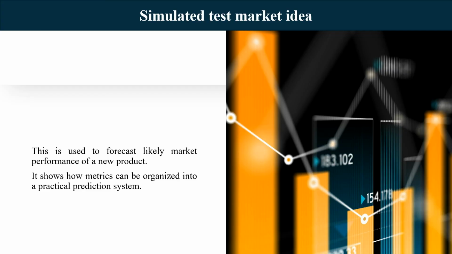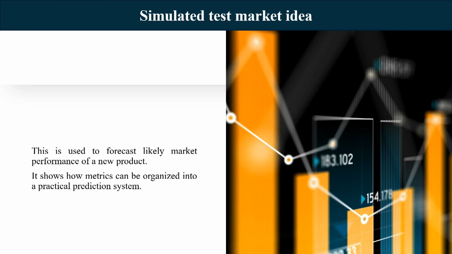Fine. Now, let us look into the simulated test market idea. This is used to forecast the likely market performance for a new product. So, what is the difference between looking into a new product and an existing product? For an existing product, for an existing industry, you already have experience, you already have historical data in place, and you can do a lot of numerical calculations out of the historical evidence.